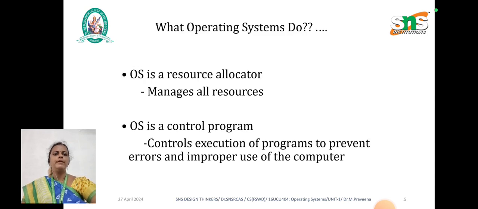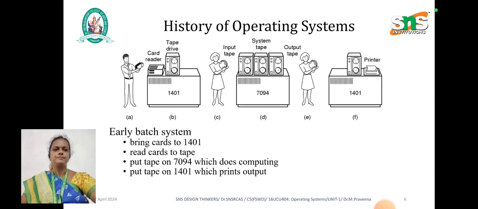The operating system acts as a resource allocator. That is, it manages all the resources inside the computer like CPU, monitor, printer and all the inner parts also. It also controls the execution of programs to prevent errors and improper use of the computer.